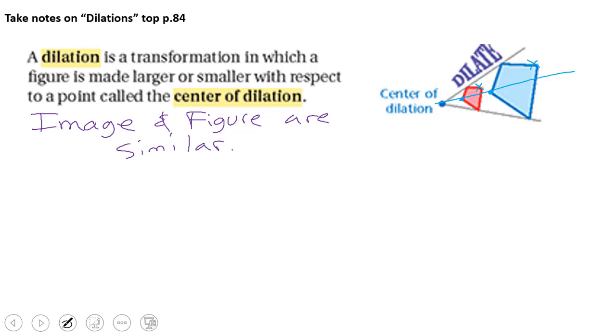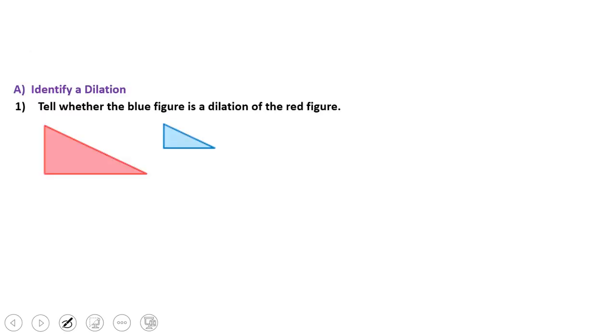That's why we learned all about similar figures in the last couple of lessons before we're doing this dilation. So we create a similar figure when we make it larger and when we make it smaller. So, ladies and gentlemen, let's take a look at identifying similar figures.